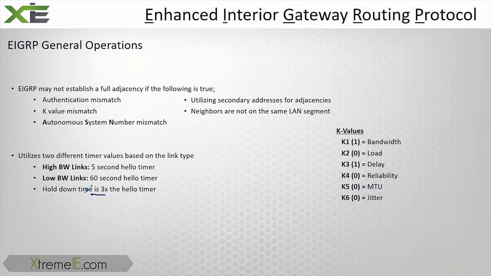Now the hold time, in other words how long we're going to hold on to that EIGRP adjacency, is going to be 3 times that hello. So in this case, it's going to be 15 seconds. So we'll essentially allow ourselves to miss 3 hello packets before we go ahead and drop that adjacency.